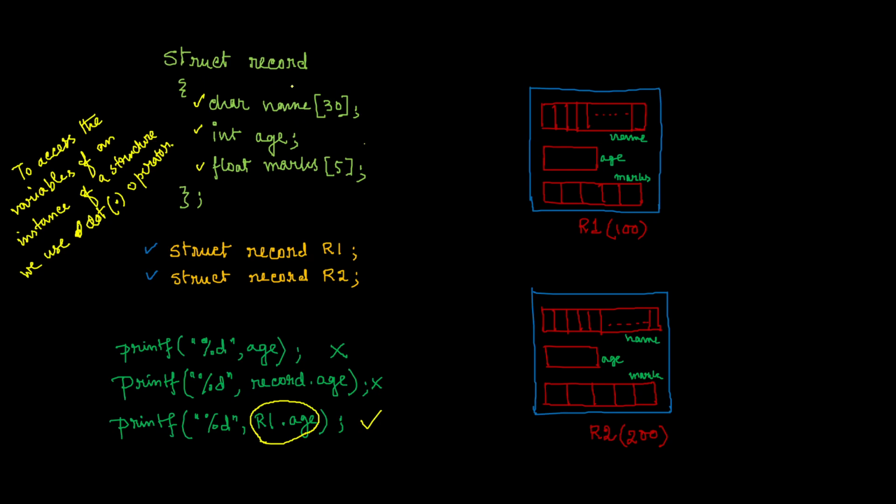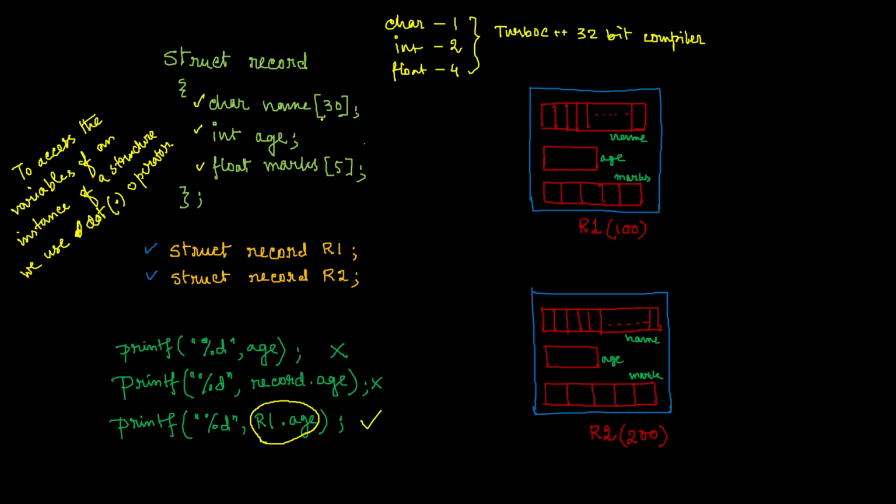For example, in this record structure, char takes 1 byte of location, int takes 2 bytes, and float takes 4 bytes. So it totally depends upon the Turbo C++ 32-bit compiler. This is a standard compiler, that's why we use this.